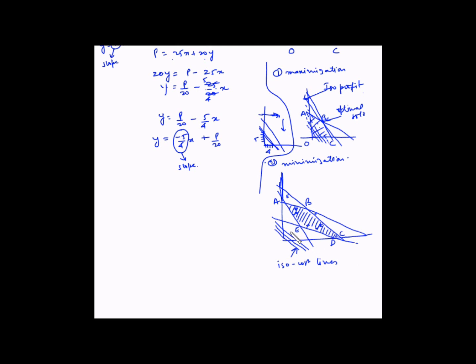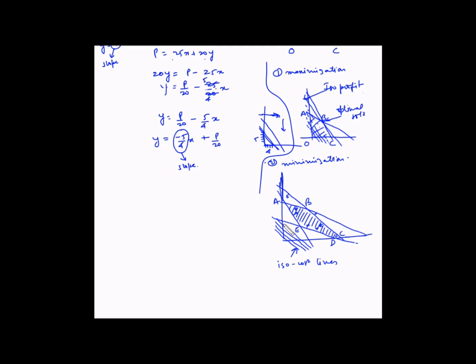Now in case of minimization and iso cost lines, as you keep on drawing these parallel lines to each other representing the objective function, every point on each of these lines represents the same cost.